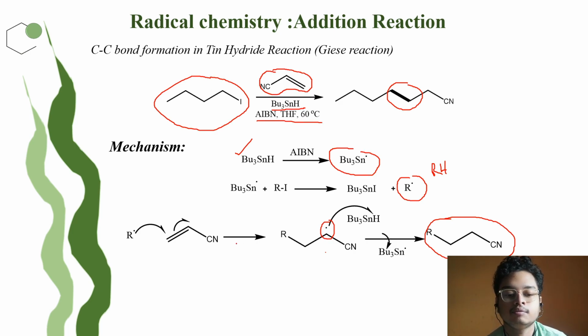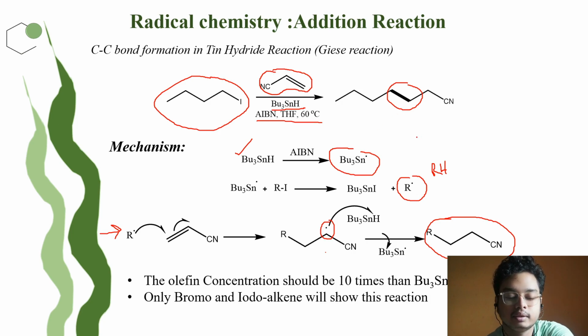Now if we have to channelize this particular pathway, then the alkene concentration in the reaction medium must be much higher than the tin hydride compound, so that this reaction will be facilitated. Otherwise, this R radical will directly attack the tin hydride compound and get quenched. So to sustain this reaction, the first requirement is the olefin concentration.